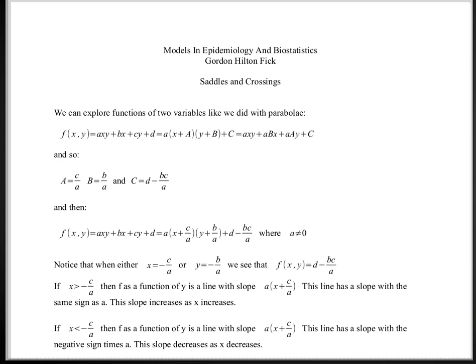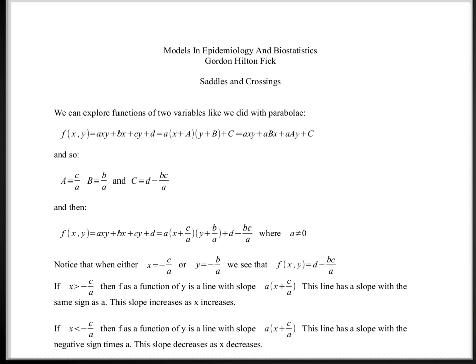So we're going to be presenting things in a slightly more general way. We could have one measured exposure, one measured potential confounder modifier, or we could have 2 measured exposures.